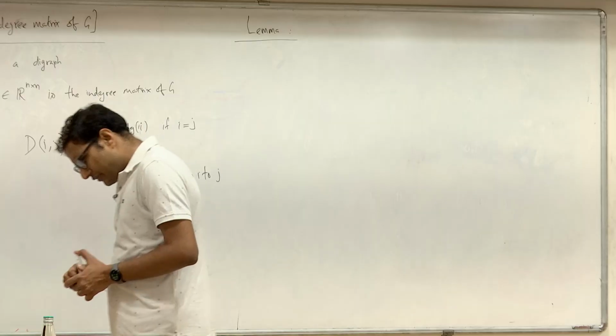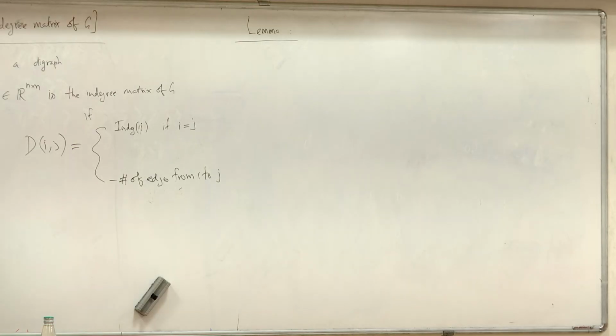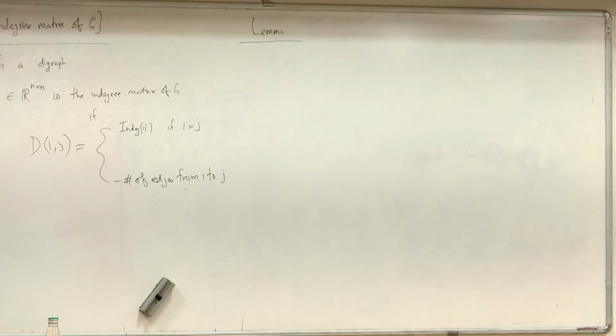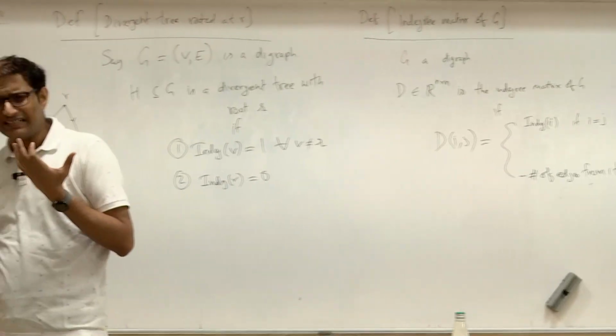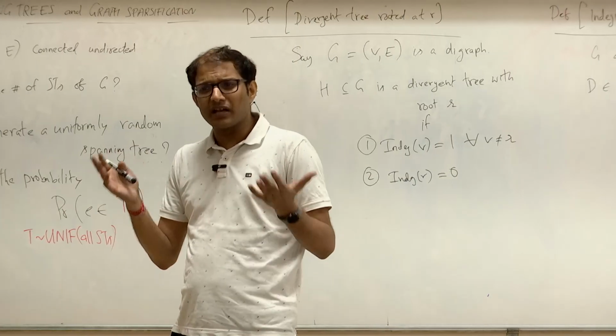What does this lemma tell you? The intention of this lemma is the following: I am given some matrix D, and somebody tells you that this matrix D is trying to capture the in degree matrix of some directed graph.